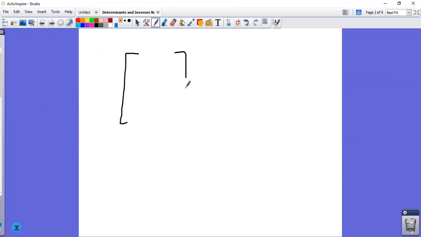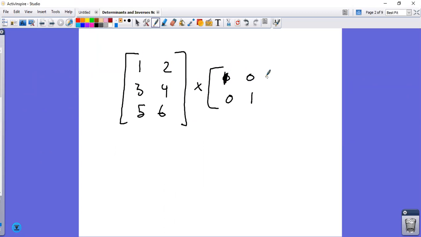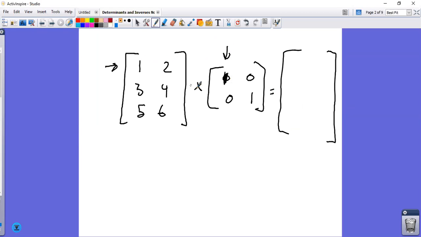So if I had a 3 by 2, 1, 2, 3, 4, 5, 6, and I multiplied it by, since that's a 3 by 2, I'd have to do just a 1, 0, 0, 1. Will that give us back the same thing? So yeah, first row times the first column would be 1 and then 0, so that's 1. First row, second column would be 0 and 2, so 2.